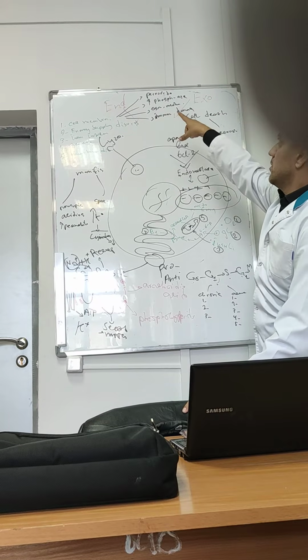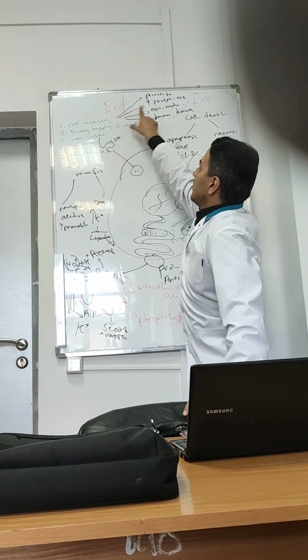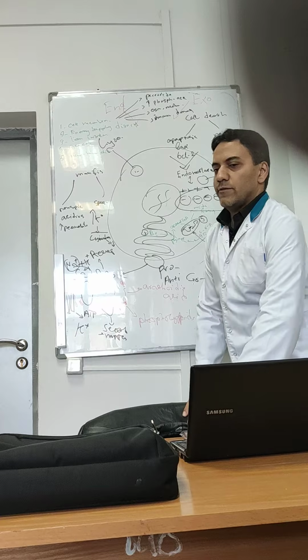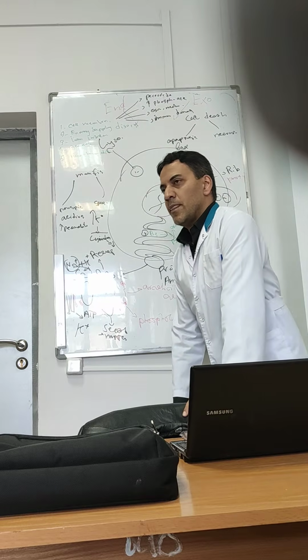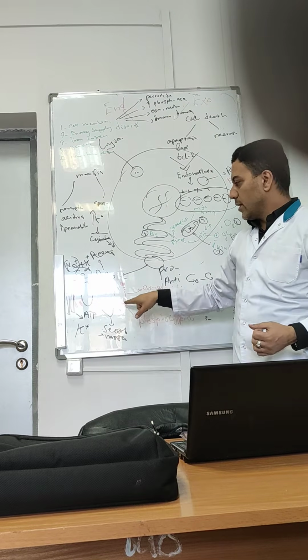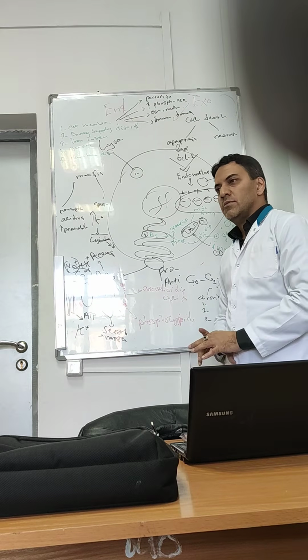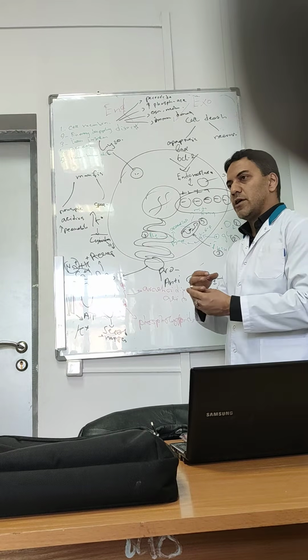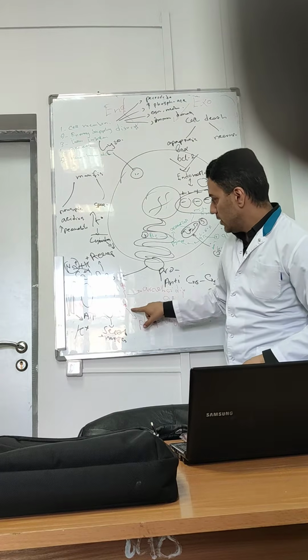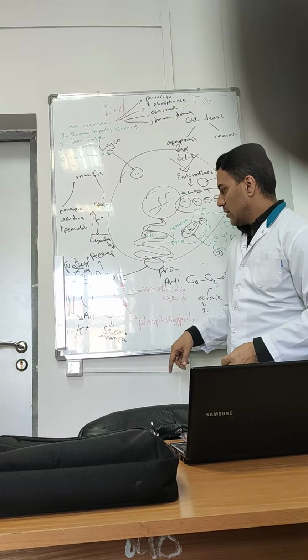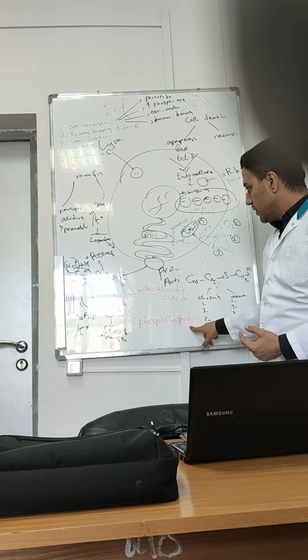So the next mechanism of cell membrane damage is activation of phospholipase. This phospholipase has the property to damage the heads, from the word phospholipids.